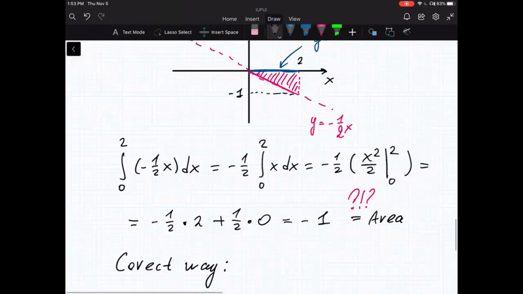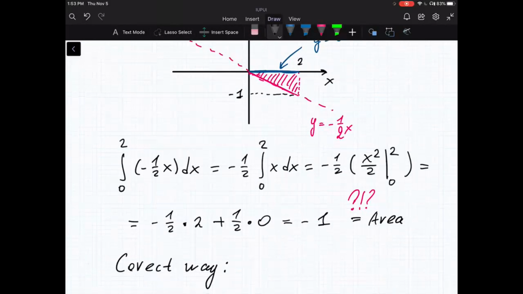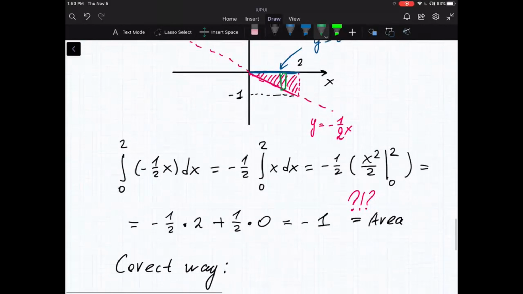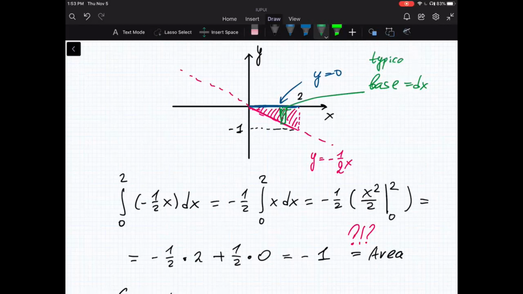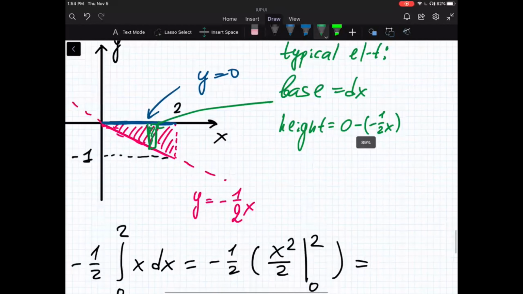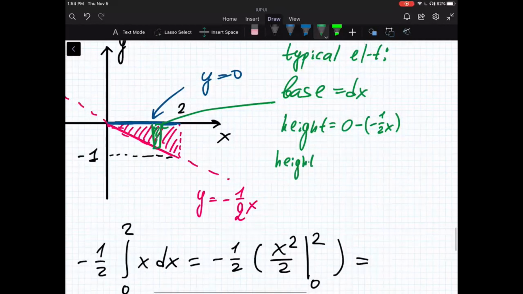Either you do the same steps as we discussed before, so you introduce some typical element, and the typical element will have base dx, while the height will be 0 minus the value of my second function, so minus minus 1/2 x. And so the height thus will be 1/2 x.